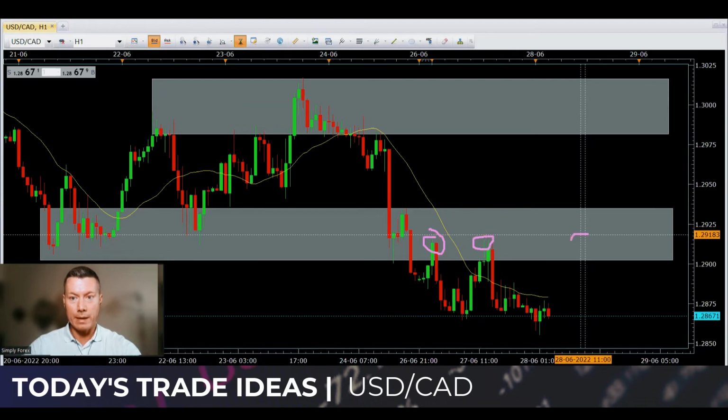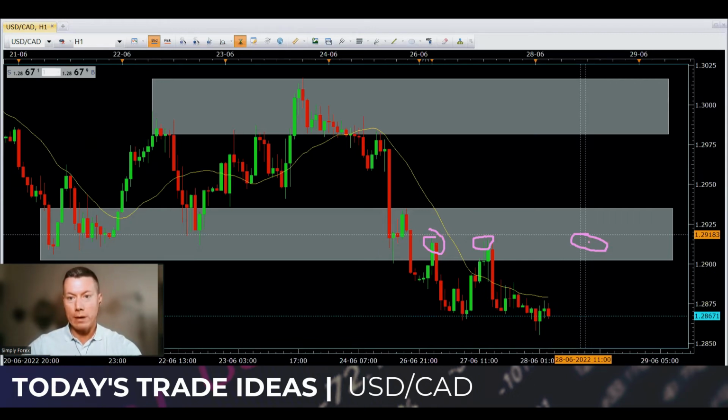Price comes back up again, tests these levels, and we want to see a bearish candlestick pattern form. That's our trigger to enter. It always is. Wait for that bearish or bullish candlestick pattern, guys. It will keep you out of trouble, I promise you.